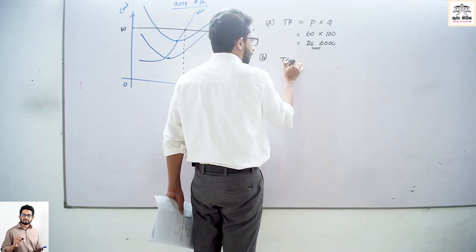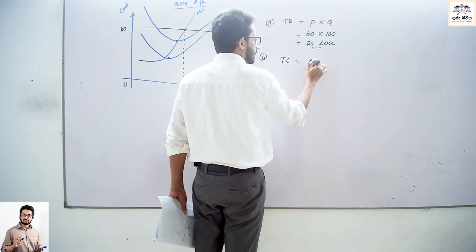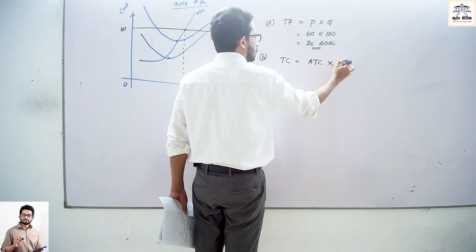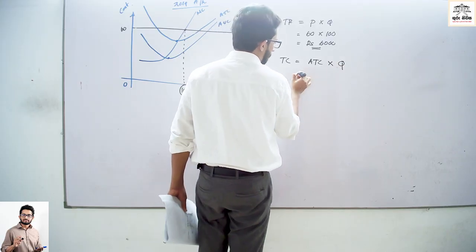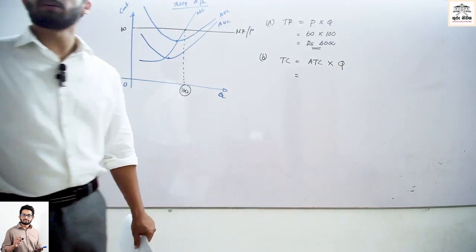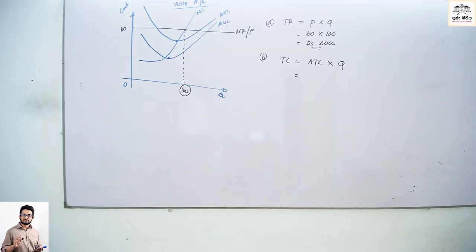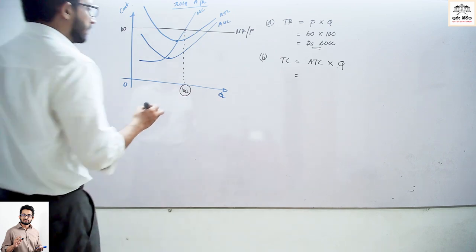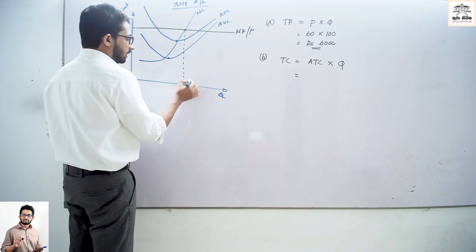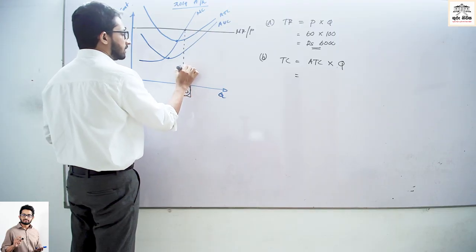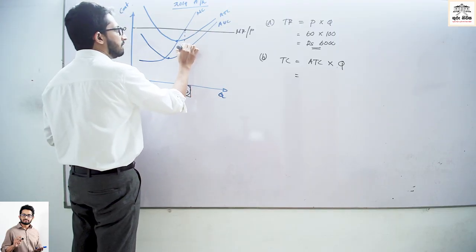Total cost can be calculated as average total cost into quantity. Here, Buddha, we need to calculate total cost at the profit maximizing output level, which is 100. Come vertically upward until you meet average total cost.